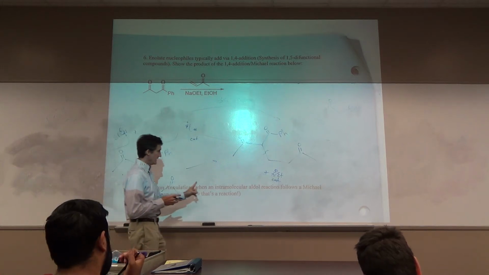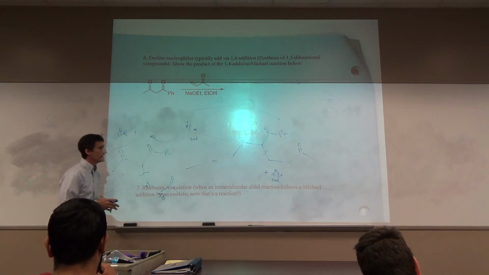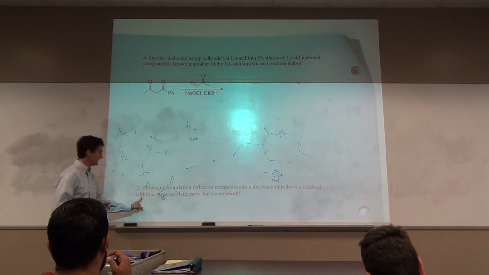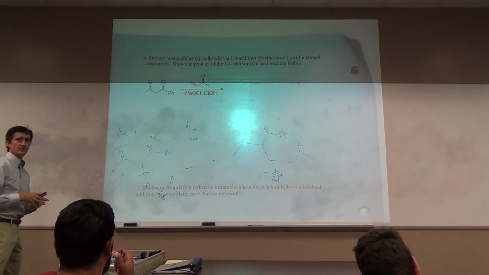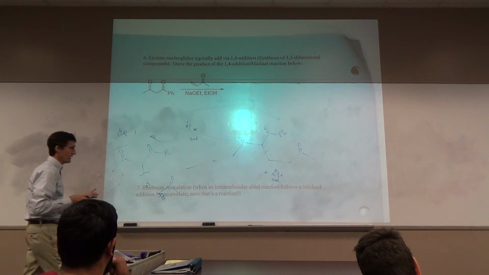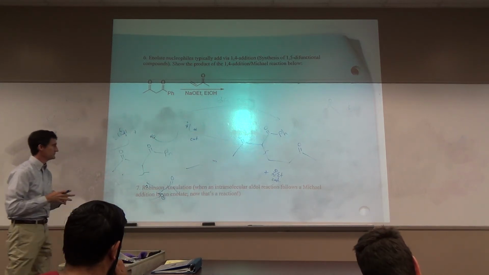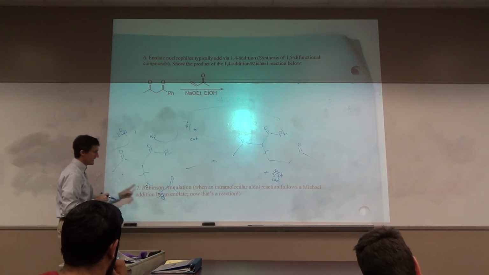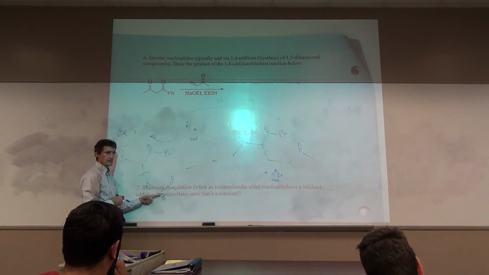This is where an intramolecular aldol reaction follows or occurs after a Michael addition of an enolate. Well, we did a Michael addition of an enolate just above. Following this is going to be an intramolecular aldol reaction. Look at this up here. If this had not picked up a proton, could it have reacted with anything else?